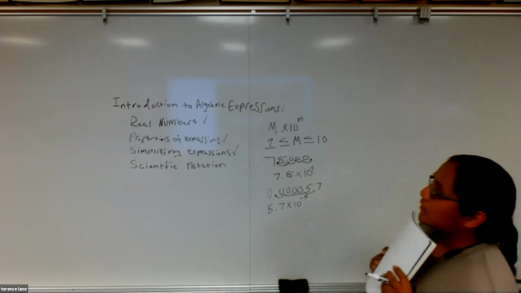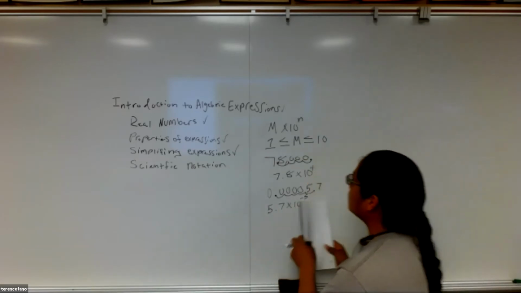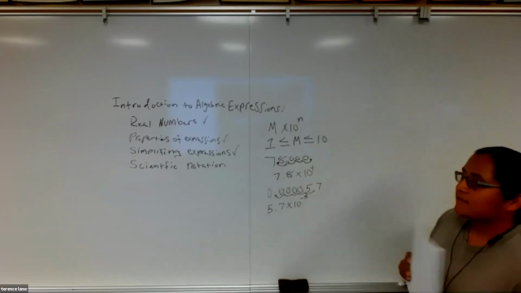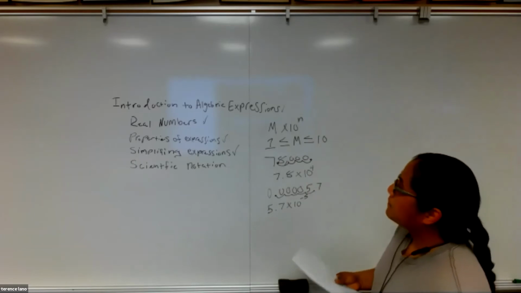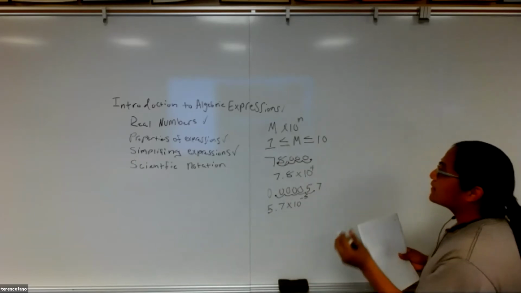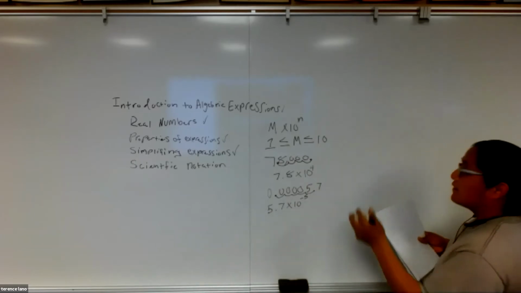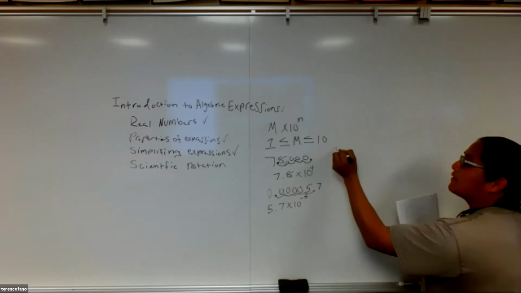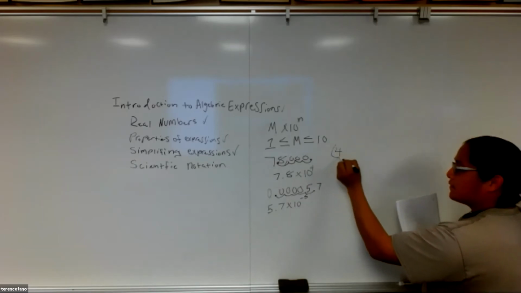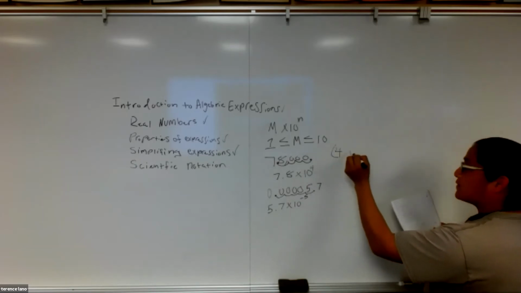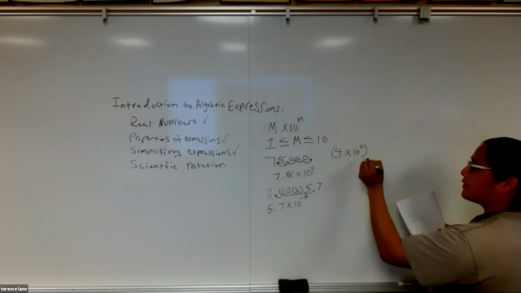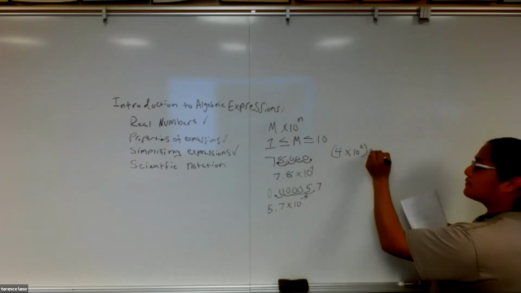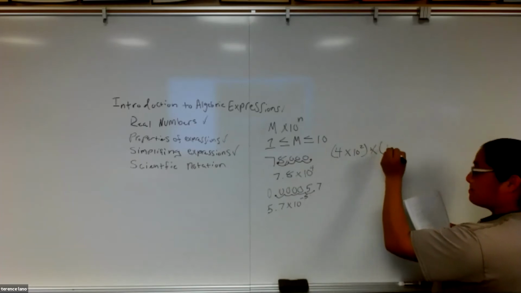And then what I wanted to go over was multiplying scientific notation and dividing scientific notation. When we're multiplying scientific notation, we could be given a problem like 4 times 10 squared times 2 times 10 cubed.